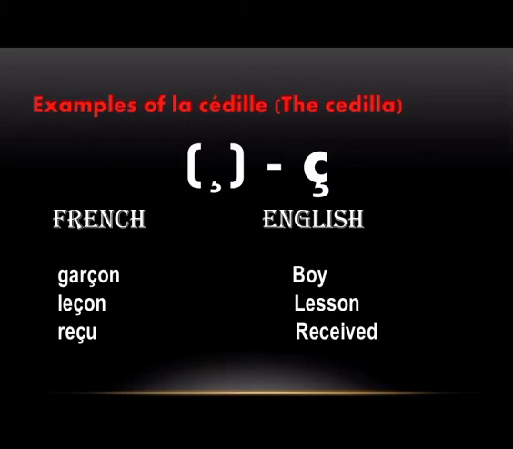Garçon means boy, leçon means lesson, reçu means received. I'll repeat: garçon, leçon, reçu. So here you can see that when we apply cedilla beneath the C, the sound of C changes from K to S.